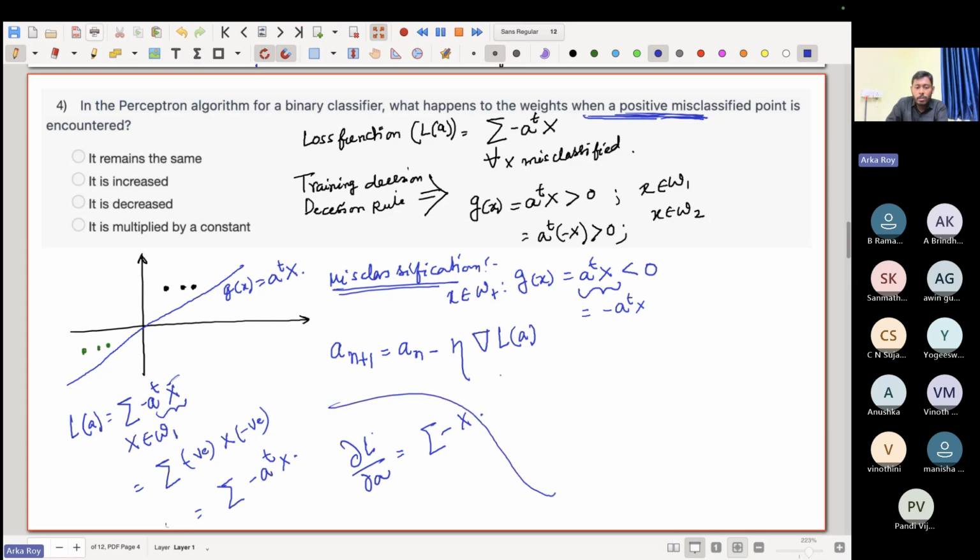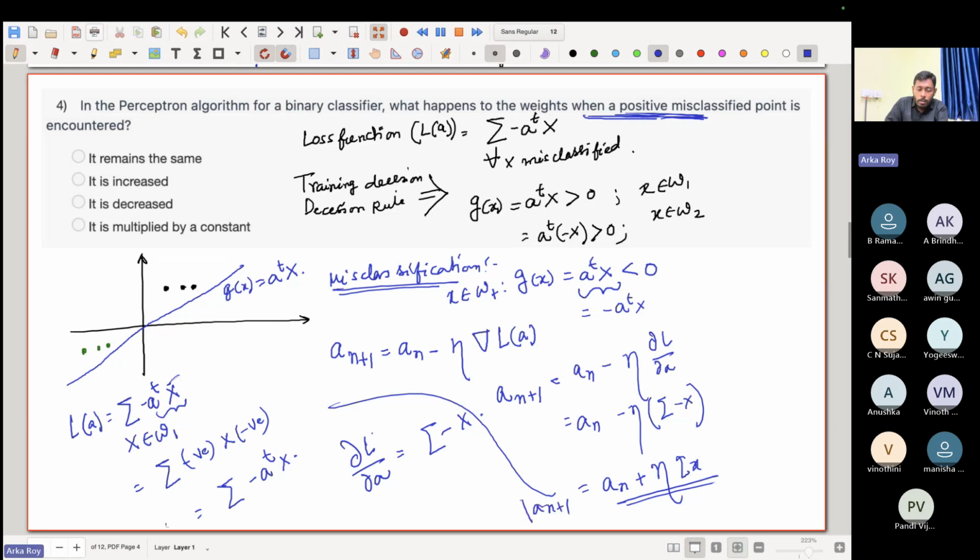So if it is minus summation of X, you can write that A n plus 1 is equal to A n minus eta into del L by del A. So with del L by del A being minus X, it would be A n plus eta into this thing.